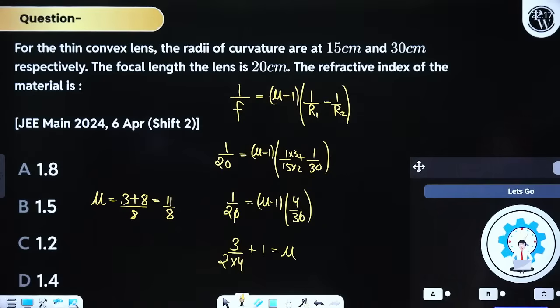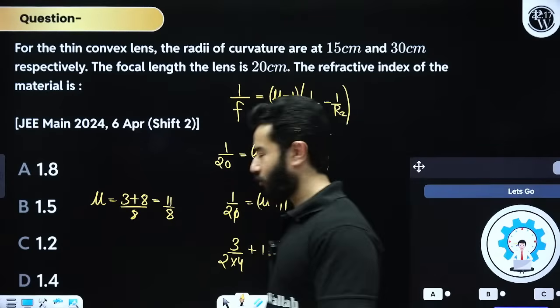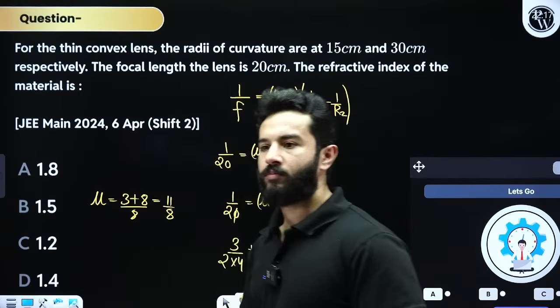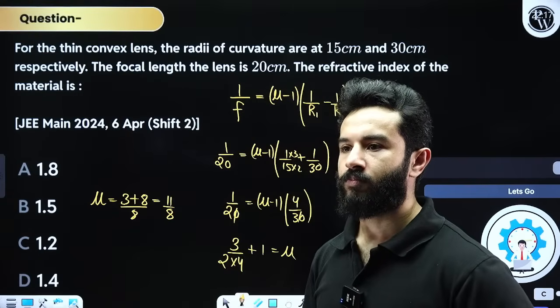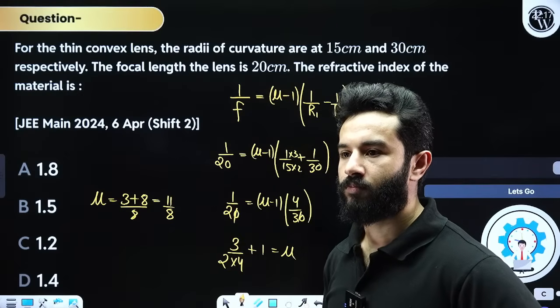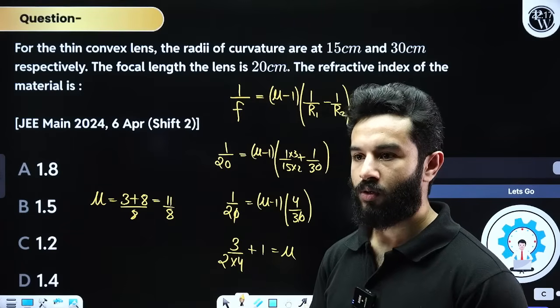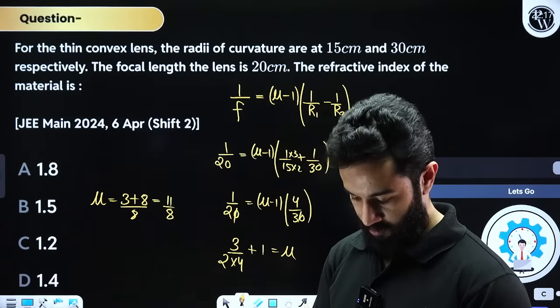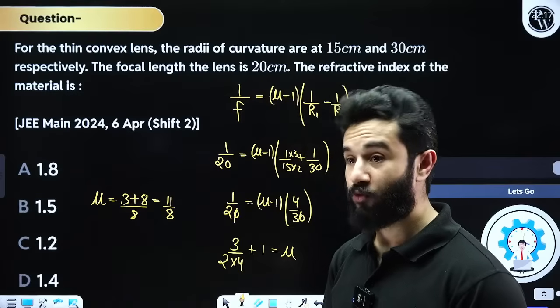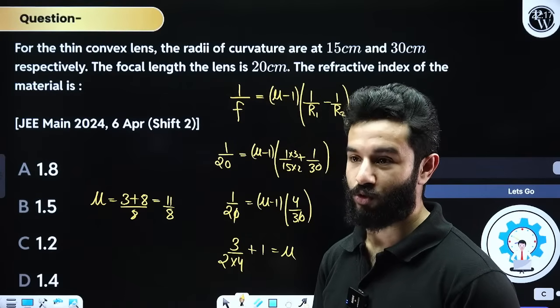Calculation is absolutely fine. 1.4 is the correct answer. 1.4. There is 1.4 also and 1.5 also.